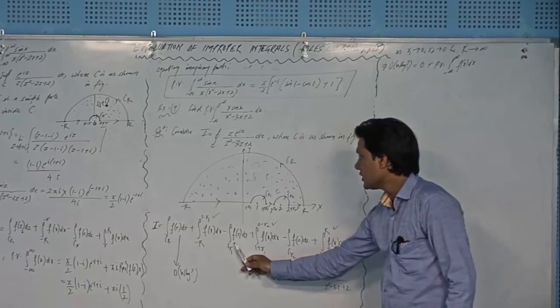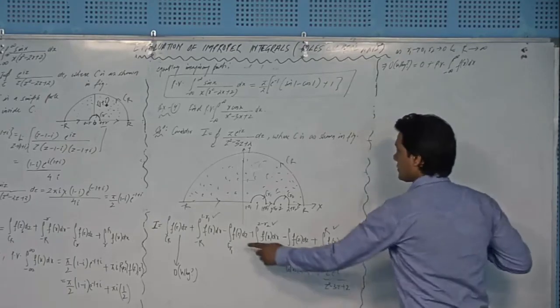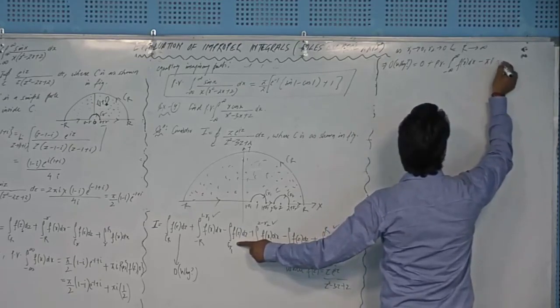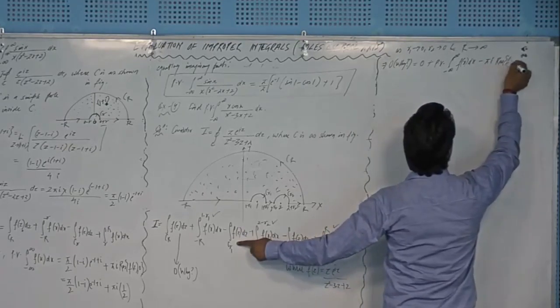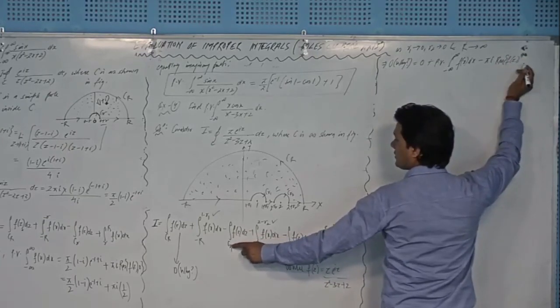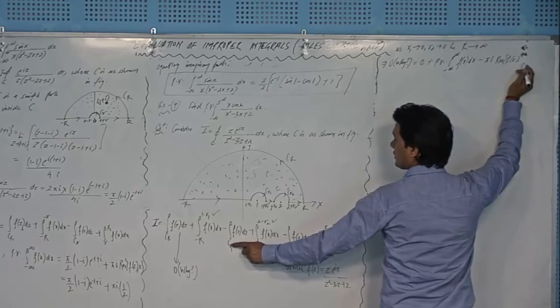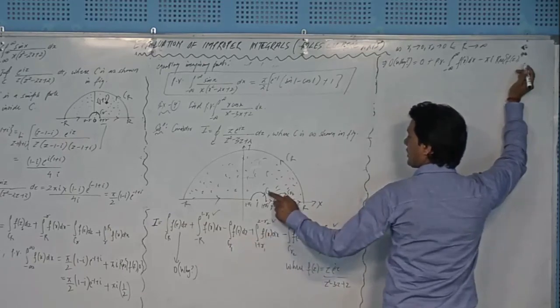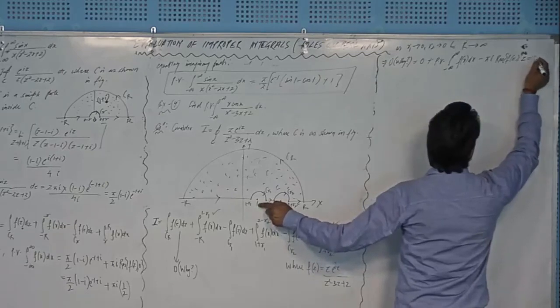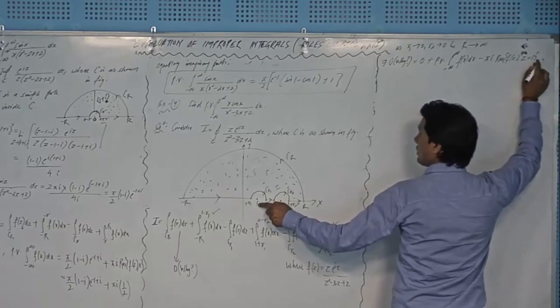Its value should be minus pi i times the residue of f(z) evaluated at this pole. See, this is CR1, and in the picture CR1 is enclosing the singularity z equal to 1, so be careful at this point, the residue should be evaluated at z equal to 1.